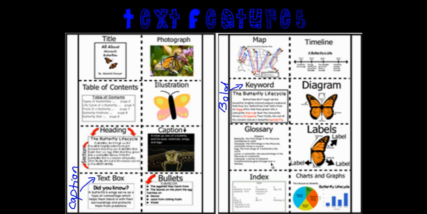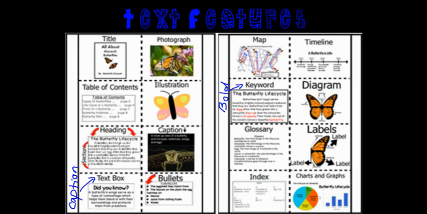You'll have a glossary, an index, and then finally you could have charts and graphs to help explain what the text is saying. So text features are something we should really pay attention to when we're reading because they will help us understand what the main idea is or help us to comprehend what we're trying to learn.